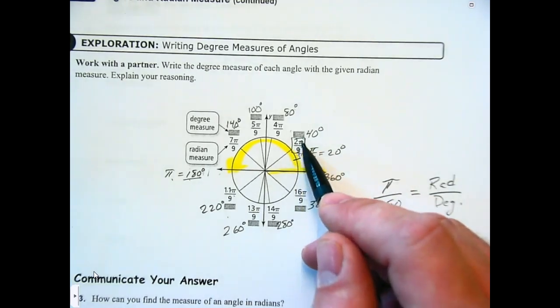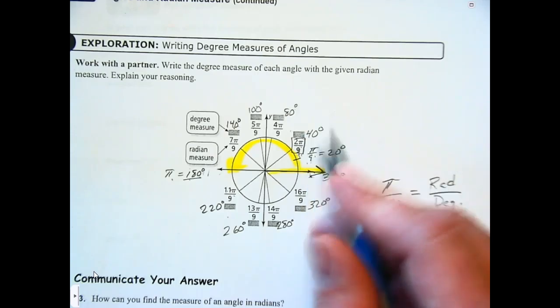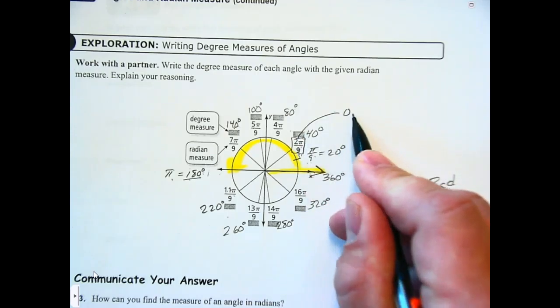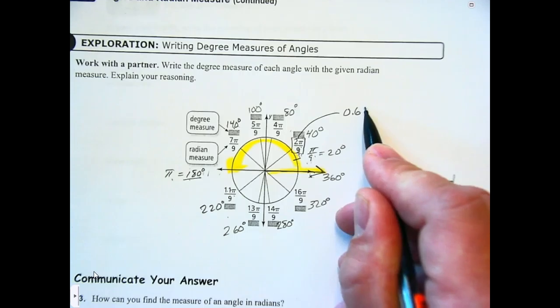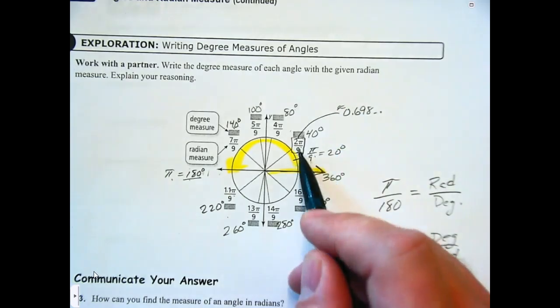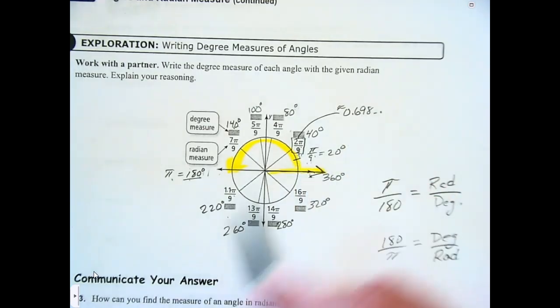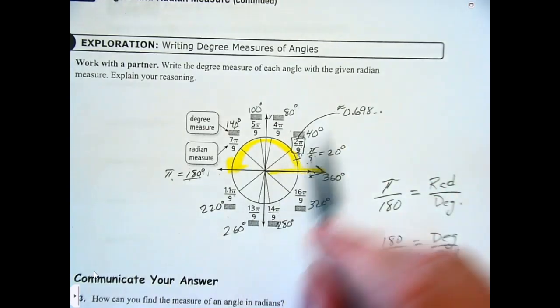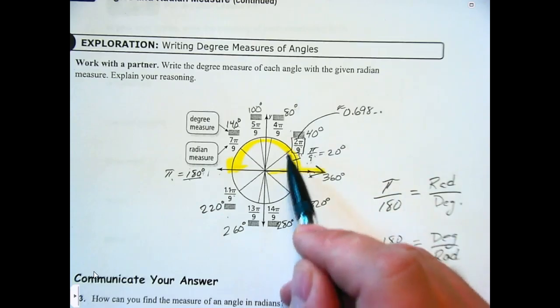It's about 0.6 what? Okay. So that is the decimal equivalent to 2 pi over 9, approximately. That's why we leave it as 2 pi over 9.